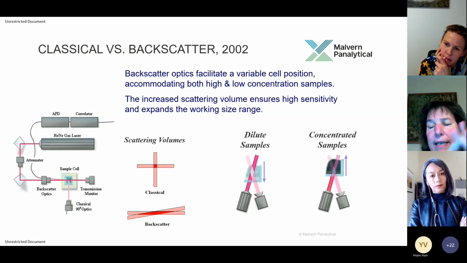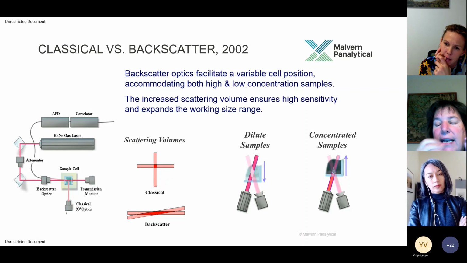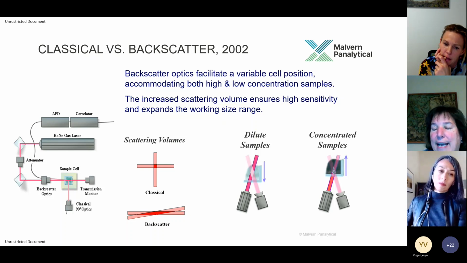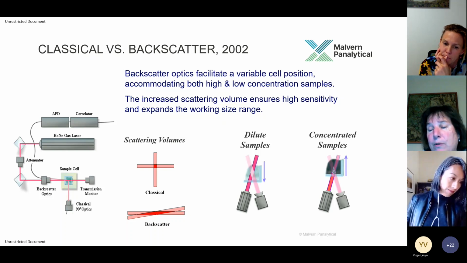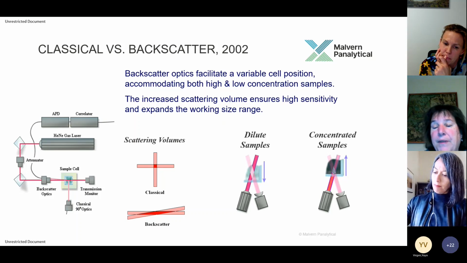Multiple scattering is when my sample is so concentrated, I bring the laser in and the light bounces from particle to particle. So the particle size results that I get look smaller than what my particle size actually is.